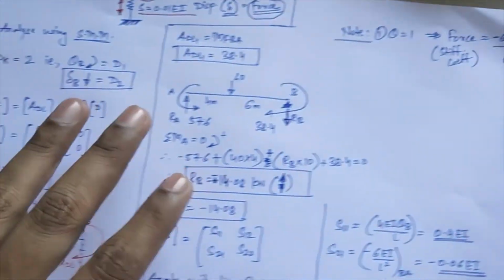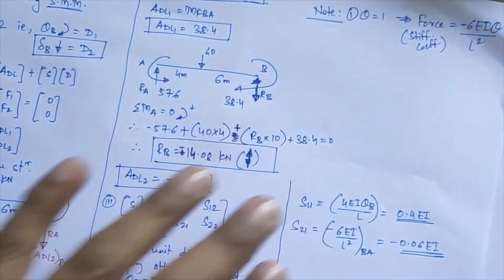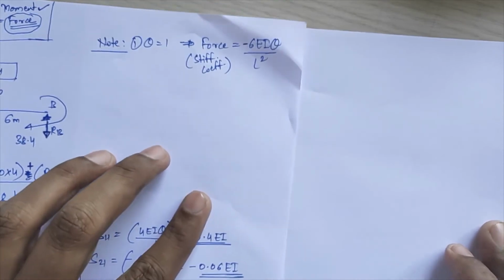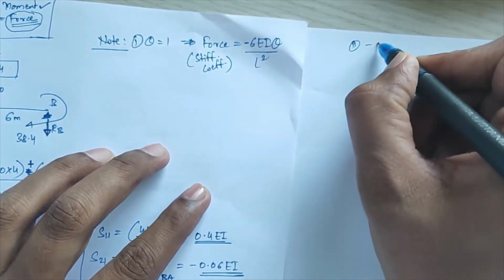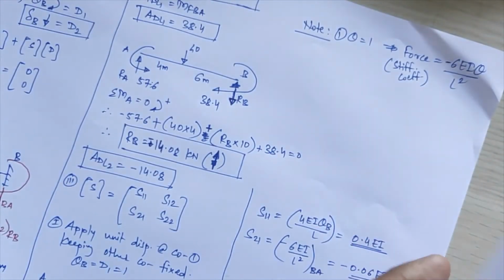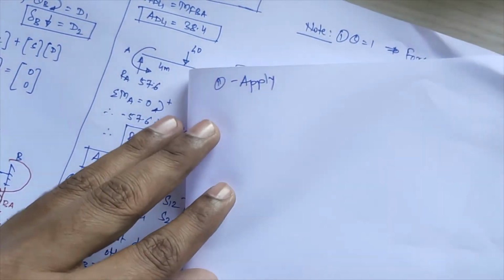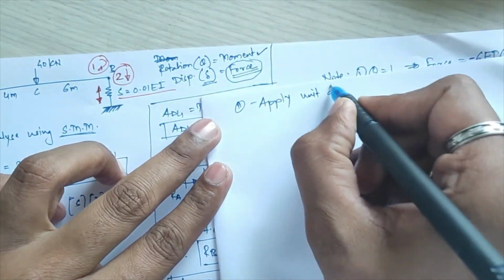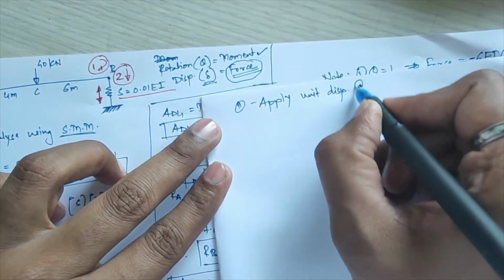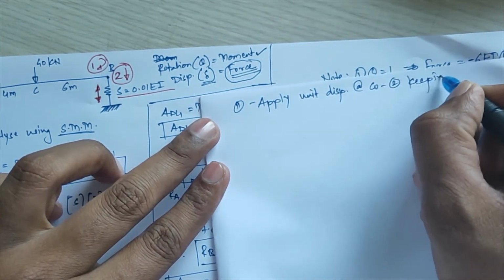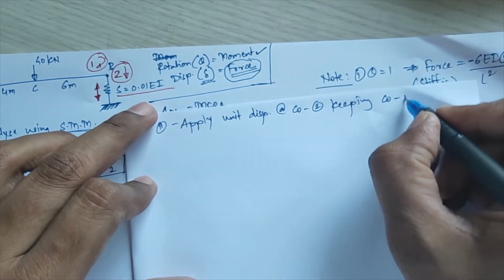In that second part we'll see how to apply unit displacement at coordinate 2, keeping coordinate 1 fixed.